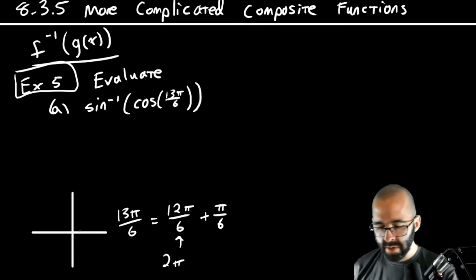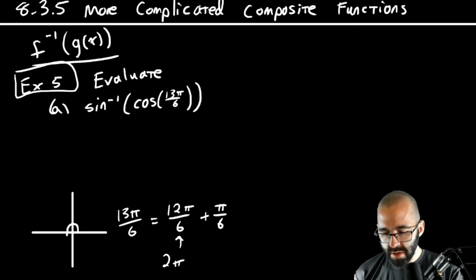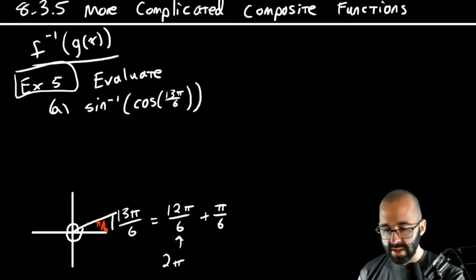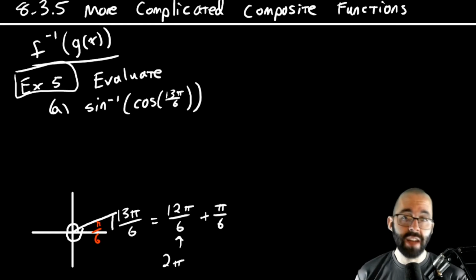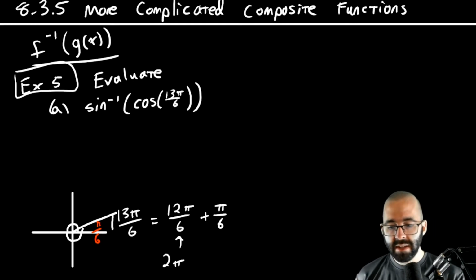So we go all the way around 2 pi and then another pi over 6. Our reference angle is pi over 6. So it's the inverse sine of the cosine of pi over 6. The cosine of pi over 6 is going to be root 3 over 2. What angle in the range of inverse sine is going to give us that?